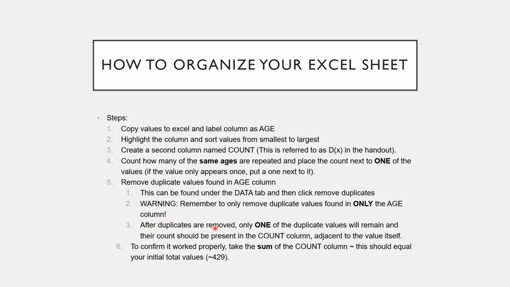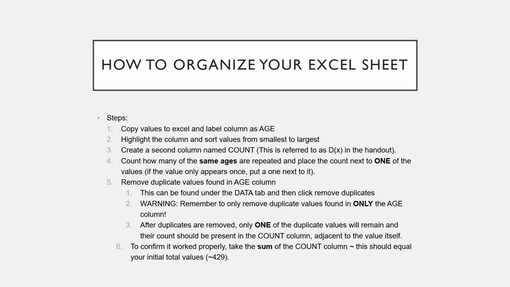So after your duplicates are removed, only one of the duplicate values will remain, and their count should be present in the count column adjacent to the value itself. To confirm it worked properly, take the sum of the count column, and this should equal your initial total value. So as we spoke earlier, when you copied and pasted those values, I told you to double check how many values there were.